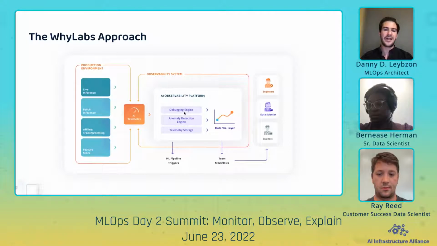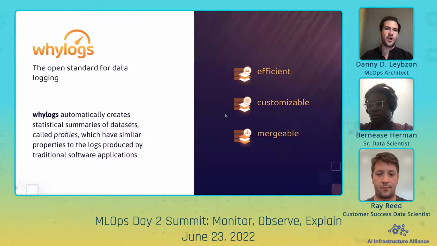So this high level approach is really key to understanding our approach to monitoring both structured as well as unstructured data. So let's dive into the particular tools and technologies that we use to build this architecture and this framework.